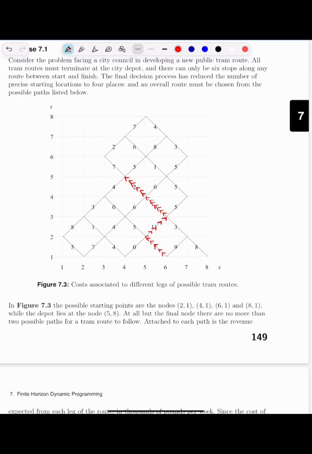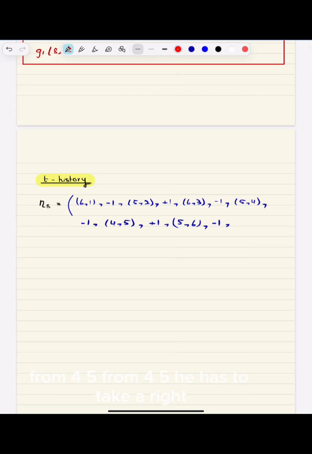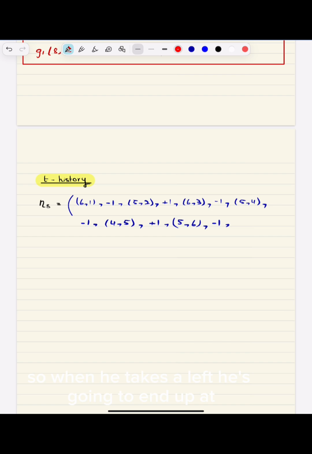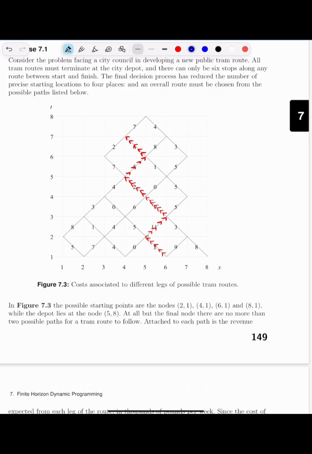Oh, I forgot one thing. From 4, 5 he has to take a right and now a left. Okay, so when he takes a left, he's going to end up at 4 and 7. And from there, I don't even need to look at my working.